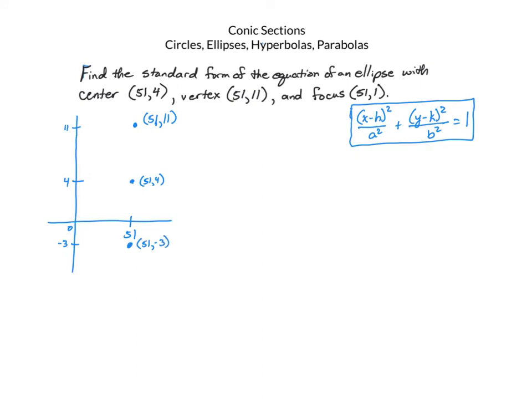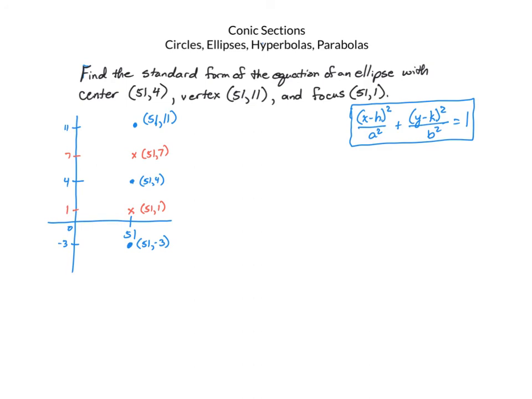Now the focus, one of the foci is at (51, 1). So (51, 1) would be about right here. And I notice it is 3 units below the center. That means there's going to be another focus up here, 3 units above center, (51, 7). So that's up here at 7. This is here at 1.